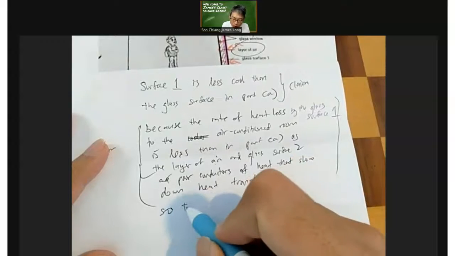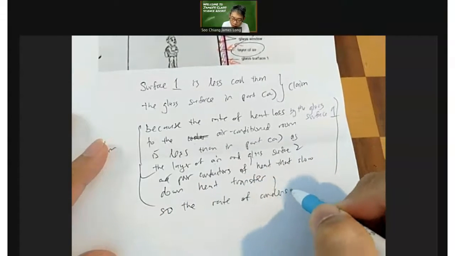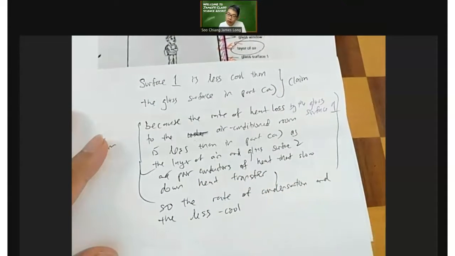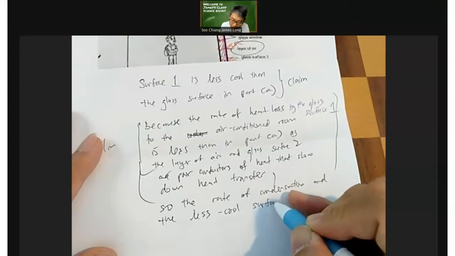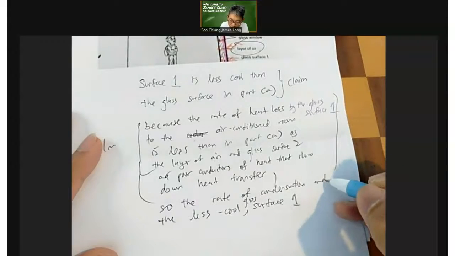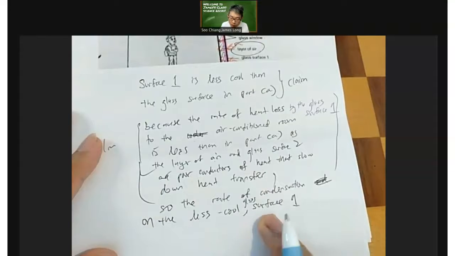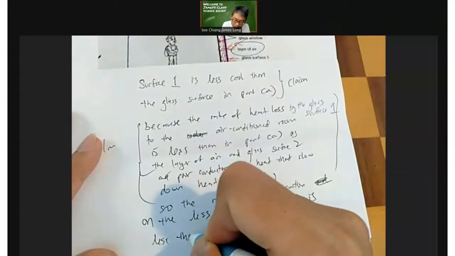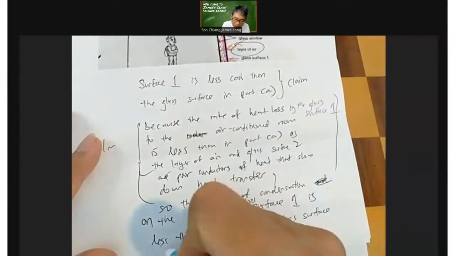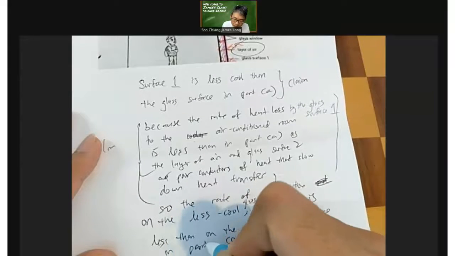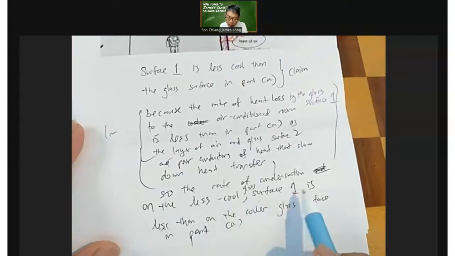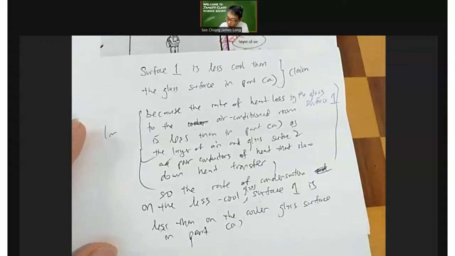So the rate of condensation on the less cool, you can say warmer, less cool surface 1, glass surface, the rate of condensation on the less cool surface 1 is less than on the cooler glass surface in part A. I think I don't have to mention the less cool.